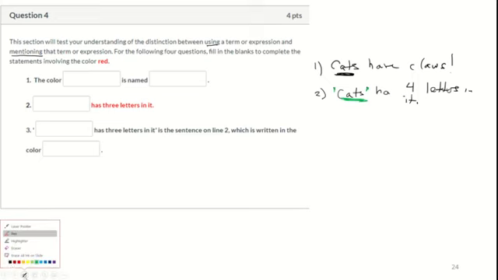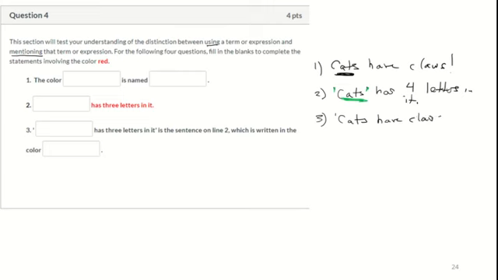Part of what makes this problem on the homework interesting is that it's going to ask you to understand this at an even further level. Because I could also do something like this, where I say, 'cats have claws' is the first sentence.